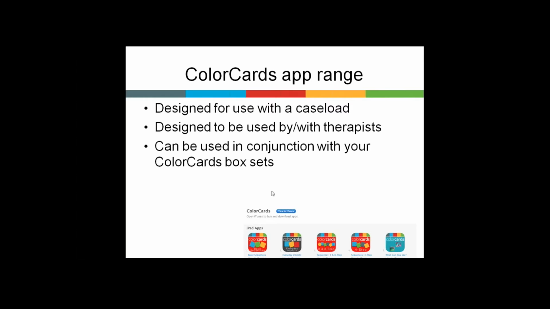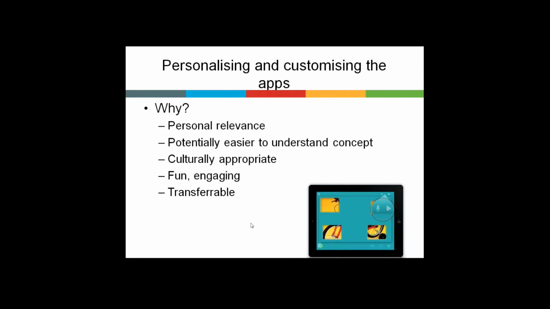One of the really great things about the ColorCards apps is that they take the box set a step further by allowing you to add your own content. And when you're thinking about people with aphasia, one of the real benefits in my experience is that having content of the person's own objects or own environment gives personal relevance, which I think aids in both comprehension and perhaps expressive language as well.